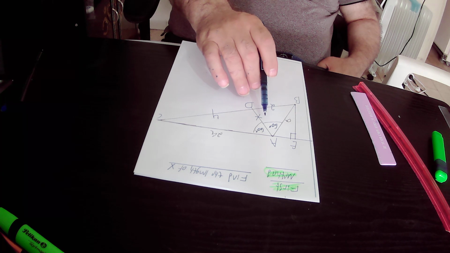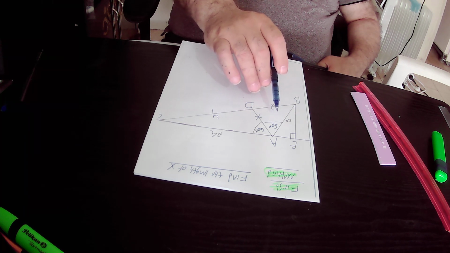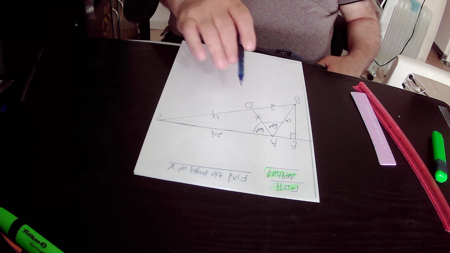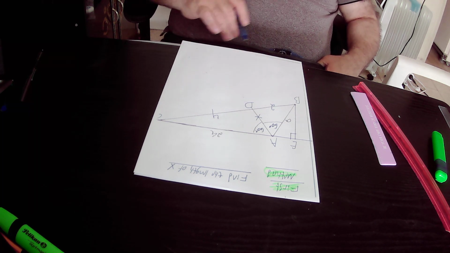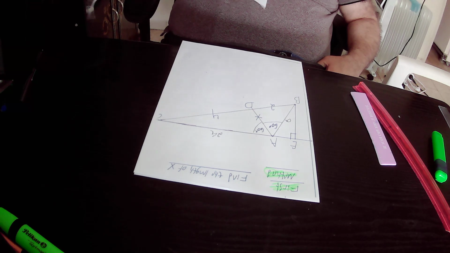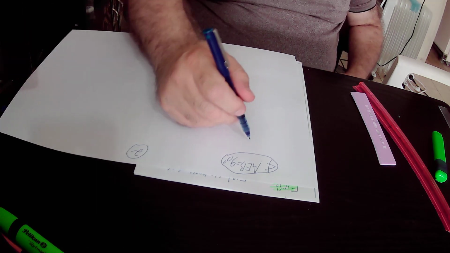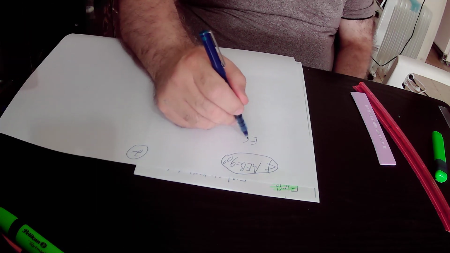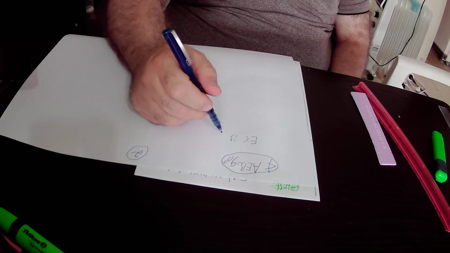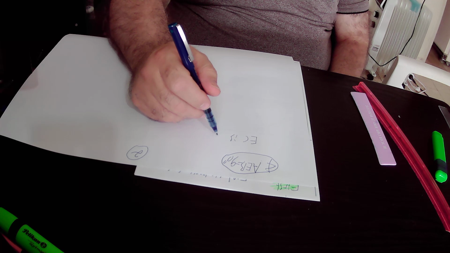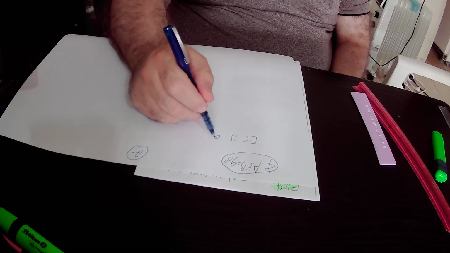So the result, CE, must also be a straight line. Why? Because when you extend a straight line by a straight line, the result must be a straight line. So EC is a straight line.